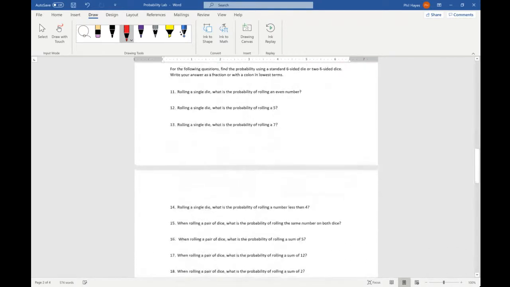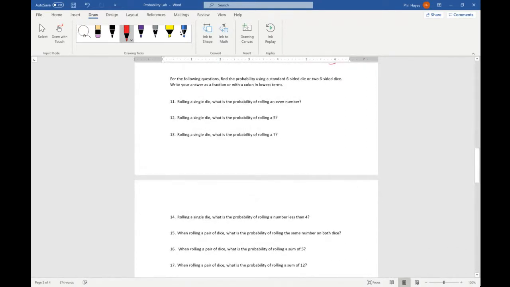Okay, for questions 11 through 14, I just want to think about the possibilities of rolling a single die. So I could get a 1, a 2, a 3, a 4, a 5, and a 6.